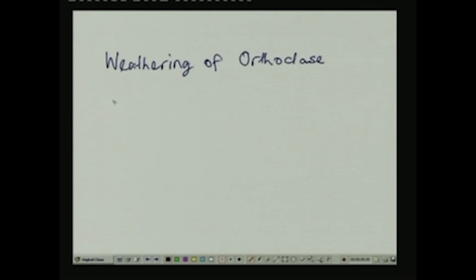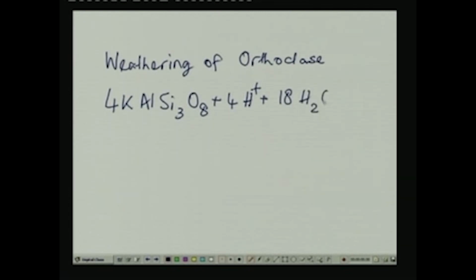I mentioned that orthoclase is simply potassium aluminosilicate, and a major chemical weathering reaction goes like this. It occurs in a slightly acidic environment in the presence of groundwater.